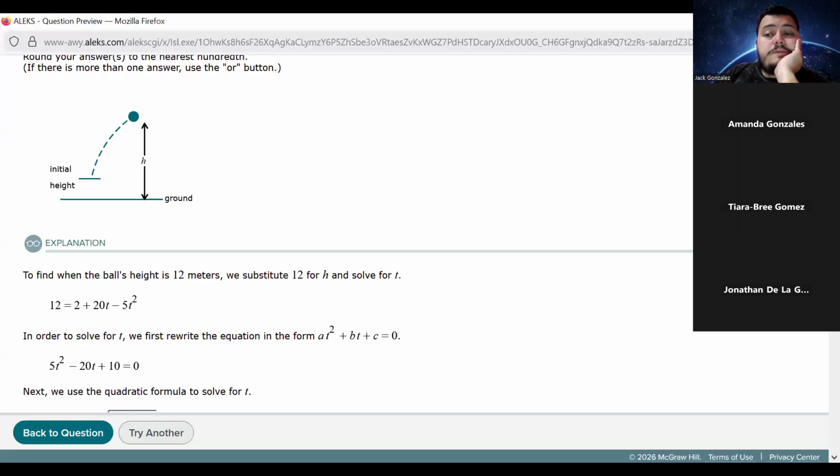It's basically another. Let me show you the solution. Can y'all see question 11?